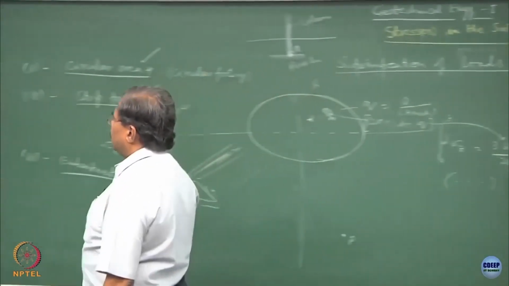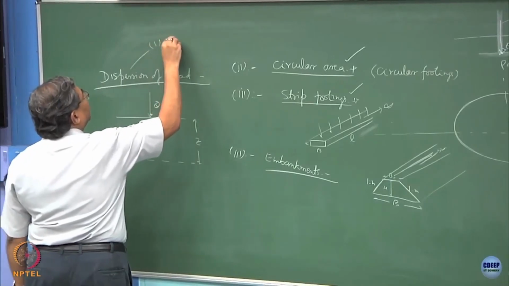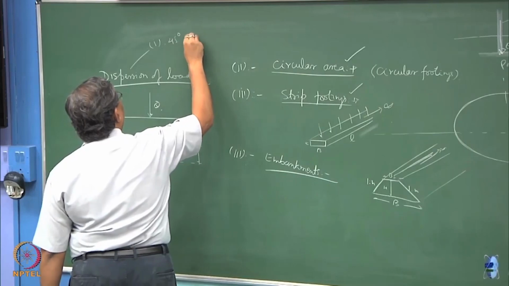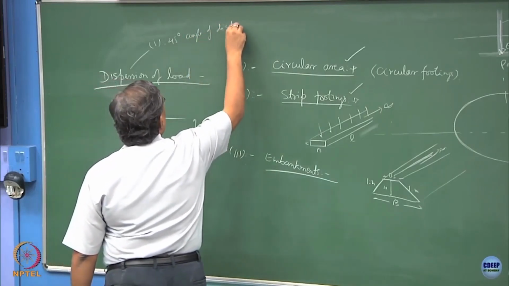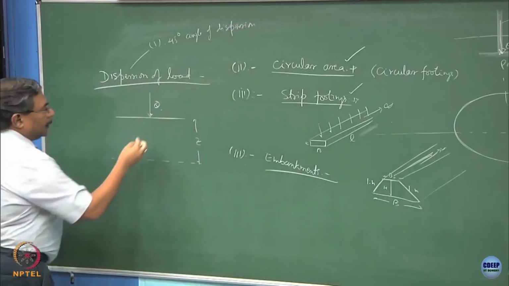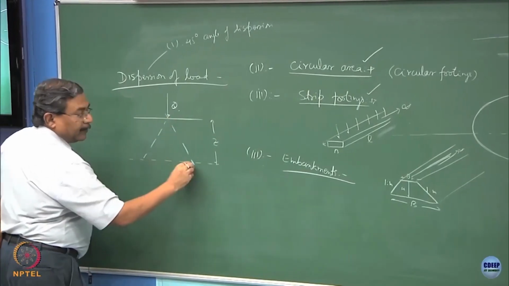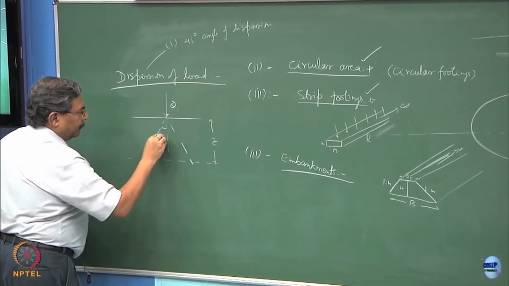What I can do simply is, there are 2-3 ways of dispersion of the loads. The first one is we normally use the concept of a 45-degree dispersion angle. That means if this is the Q, I will disperse it on this plane at 45 degrees.